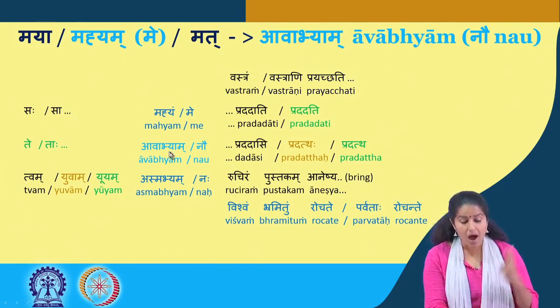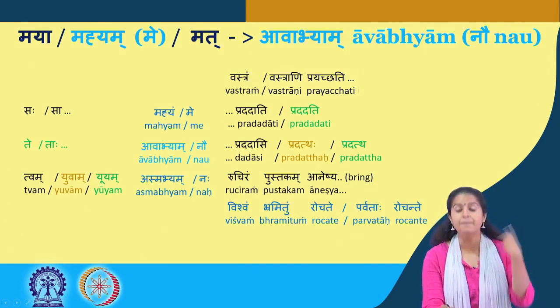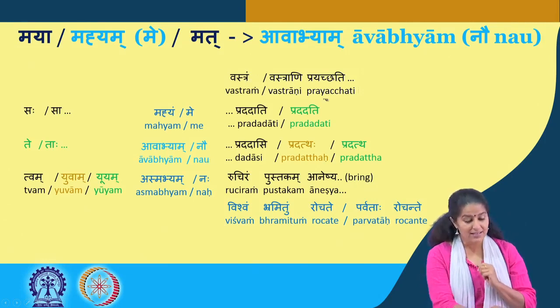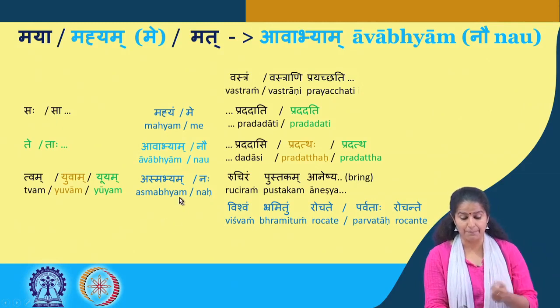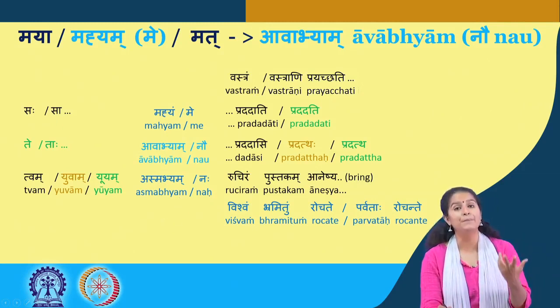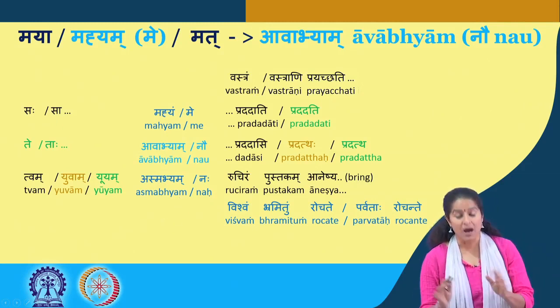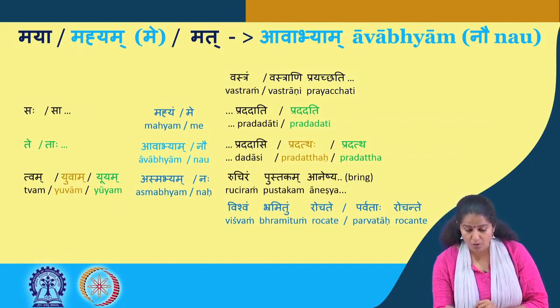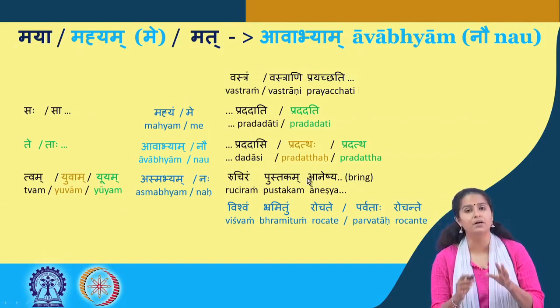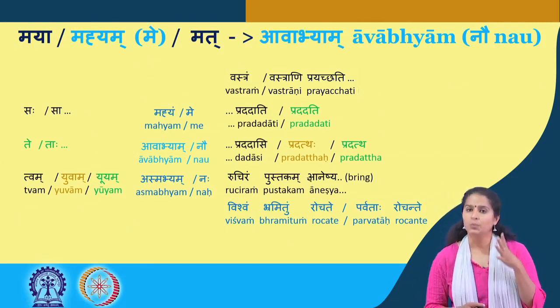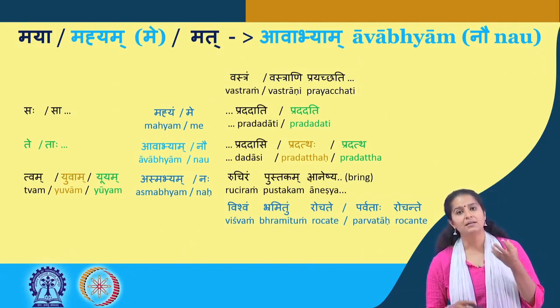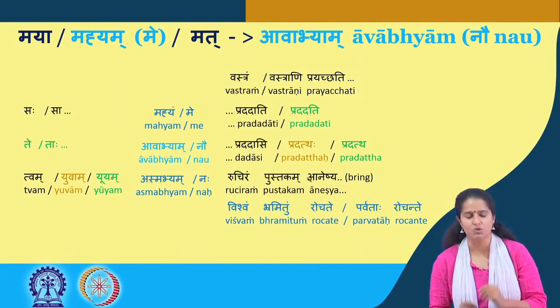Next, saha avabhyam or now vastram prayachati. Saha asmabhyam vastram prayachati. Now I would like to also introduce the other ones here because the verb dadati conjugates a little differently than the ones that we are familiar with. We have seen it before, but there is never any harm in repeating the ones that are a little tougher to remember.